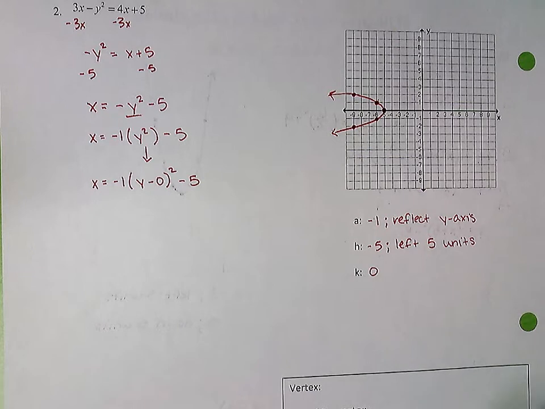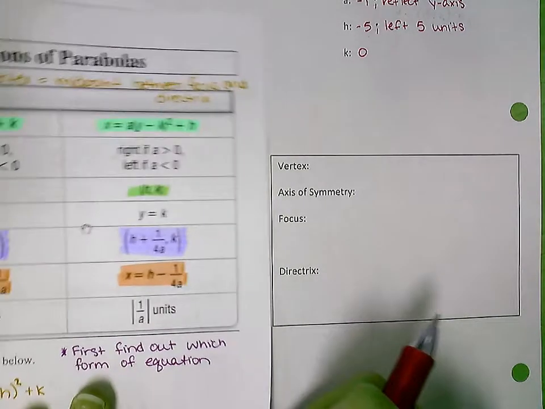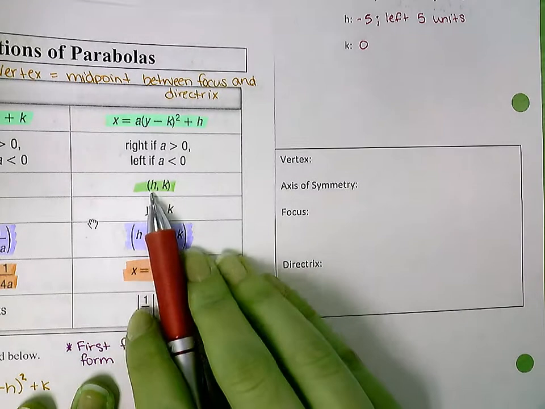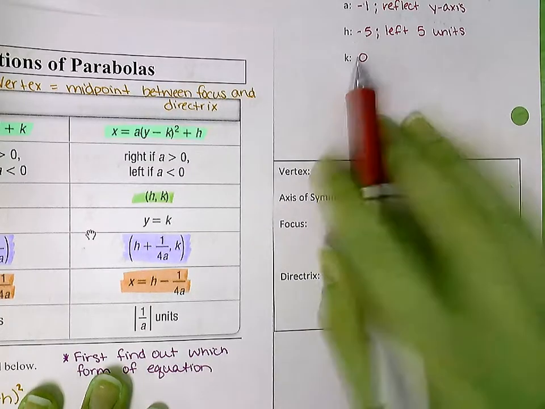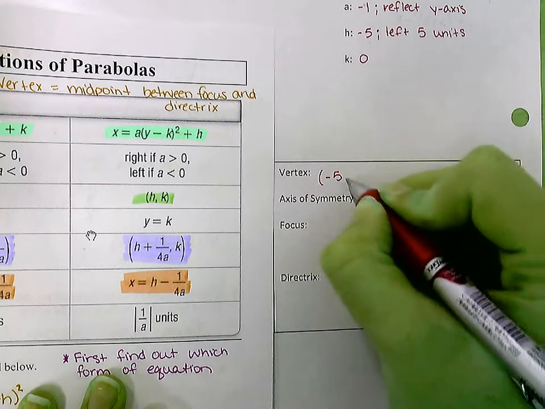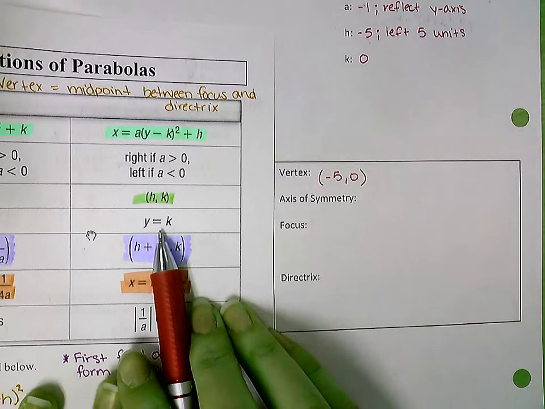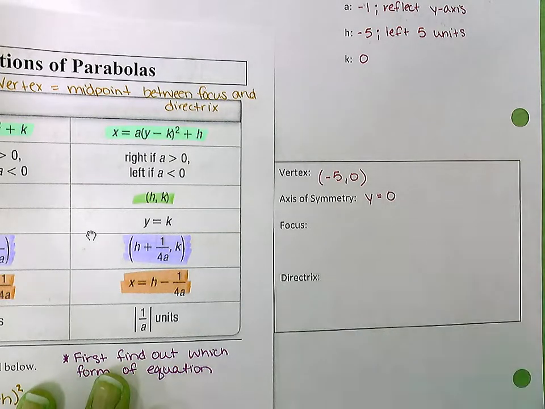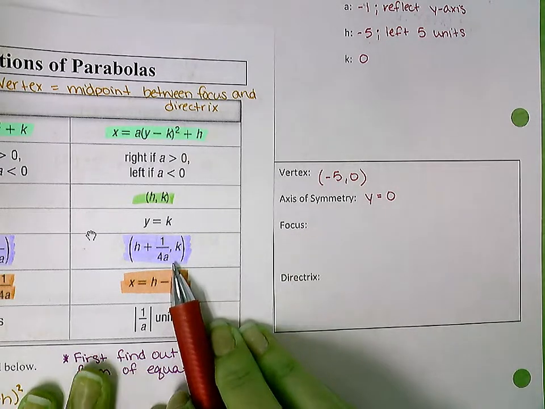Now for my characteristics of this graph, I'm using this column. My vertex point is still at h comma k. So I have h and k labeled up here. We are -5, 0. Your axis of symmetry is y equals k. So we have y equals 0. Our focus is this one right here.